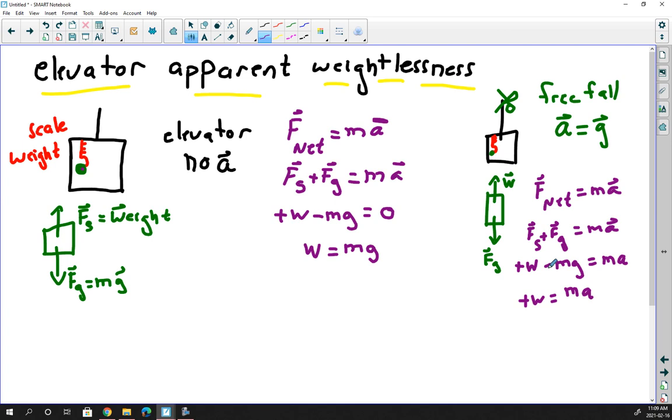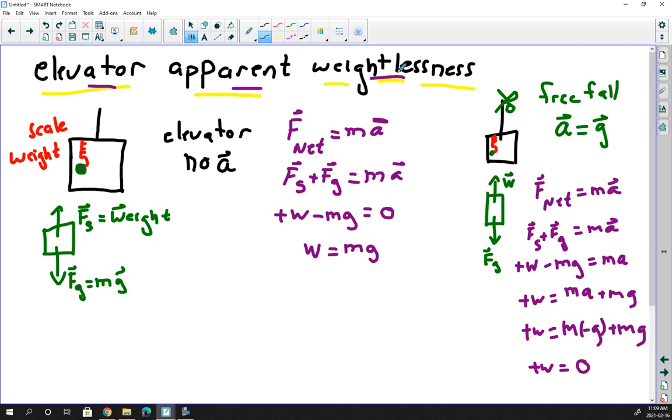I'm going to bring this to the other side. It becomes positive, right? Well, what's the acceleration as this object is in free fall? It's g. And what's the direction of g? Negative, downward. Look, we get that the weight registered by the scale is 0. You have elevator apparent weightlessness.